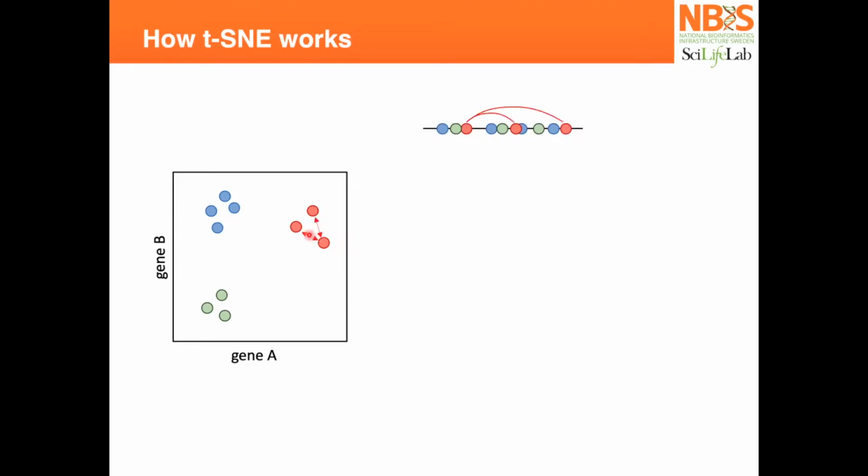And then what we will do is try to find the distance in the original space and compare to the distance in the reduced space. So here we see that the red ones are very close together in the original space, but they are very separated in the reduced one. So that is kind of wrong, right? So we know that there is a cost or error in this reduction.